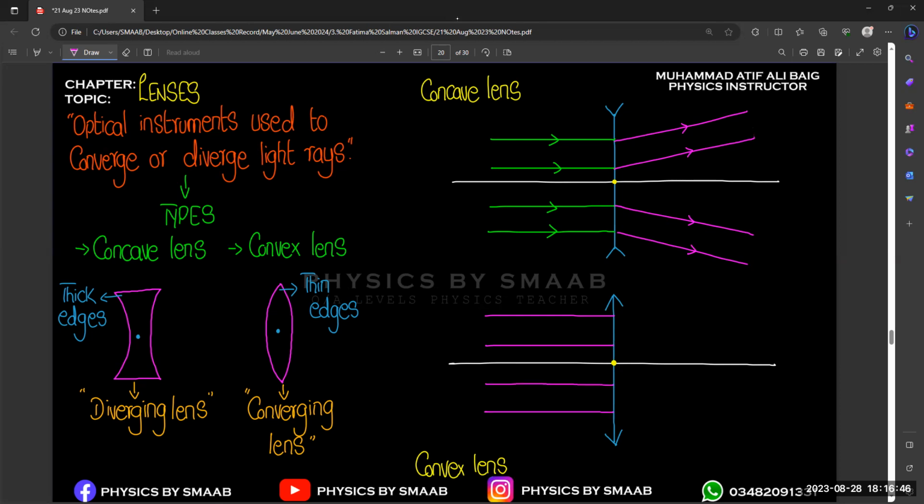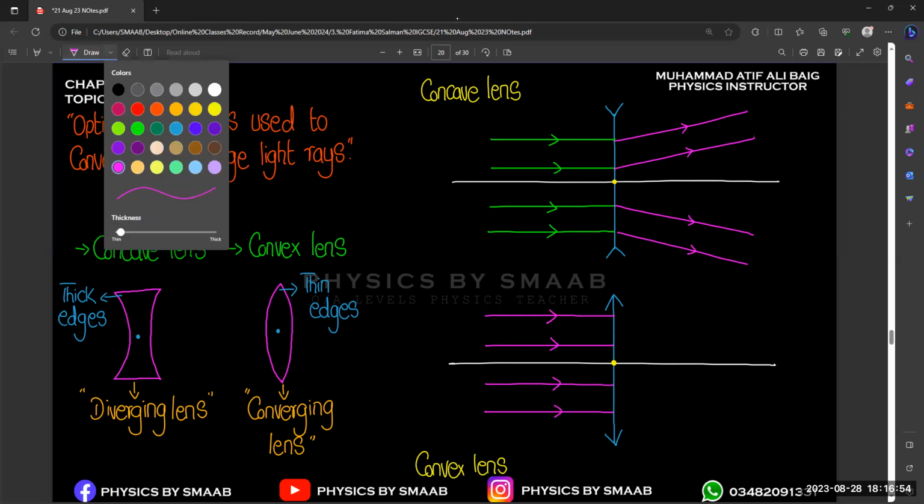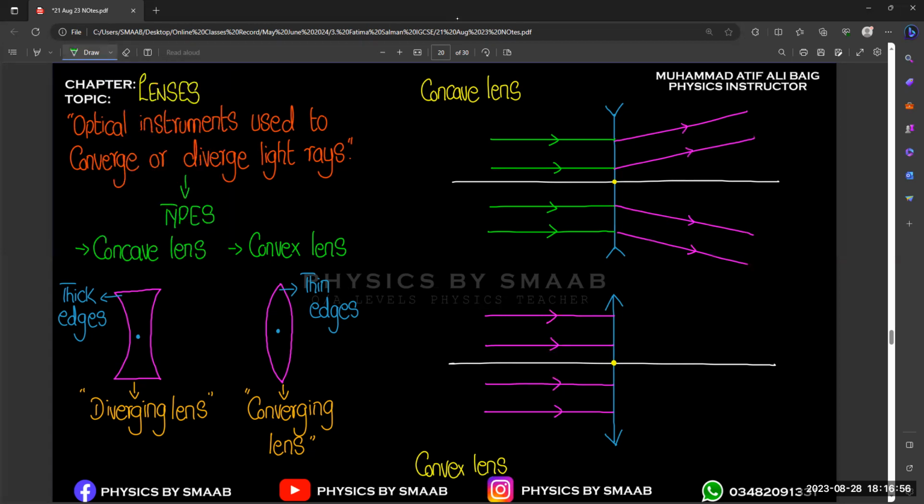Let's suppose we again have four rays, one, two, three, four, right? So what happens to these light rays when they pass through the convex lens?